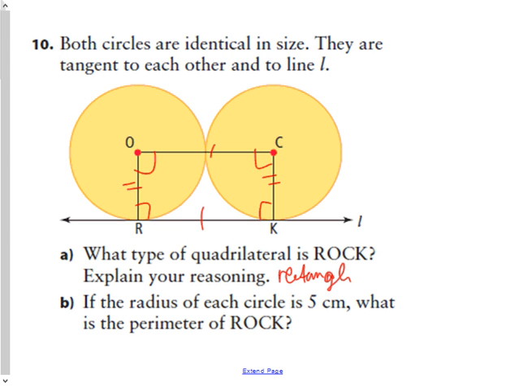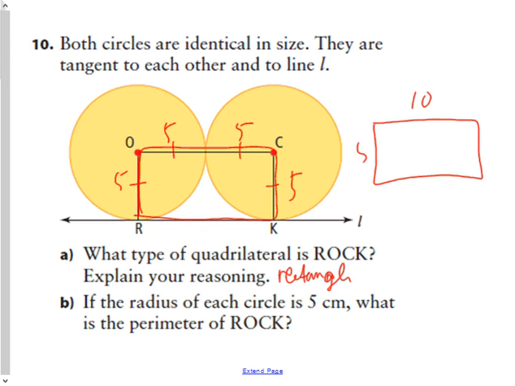If the radius of the circle is 5 centimeters, what is the perimeter of rock? All right, let's do this together. So if the radius is 5 centimeters, what is the perimeter? Well, this would be 5, this would be 5, this would be 5, this would be 5, and this, of course, would therefore make a rectangle that looks something like this, and the perimeter is the distance around it.